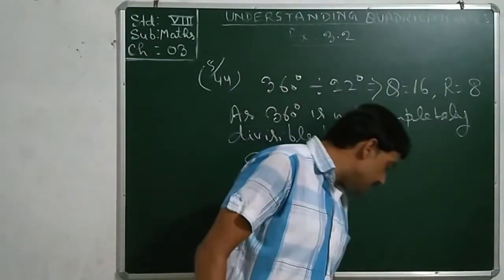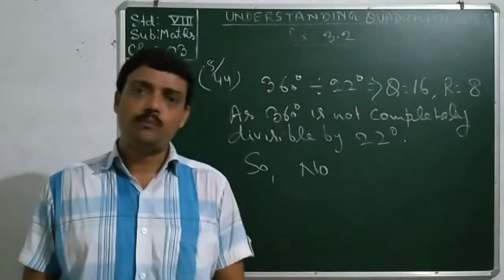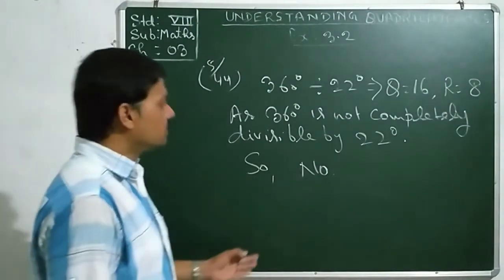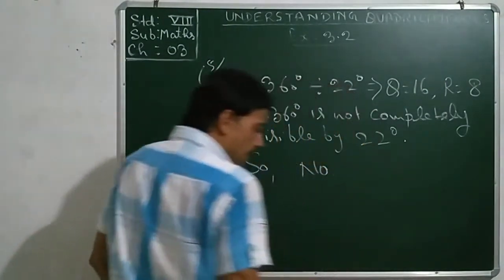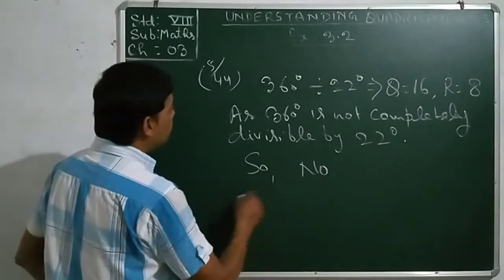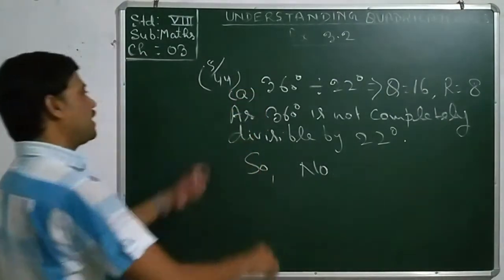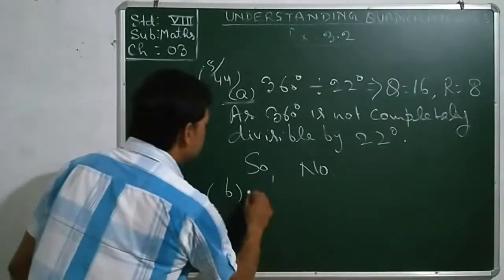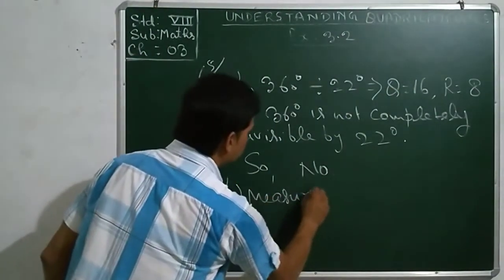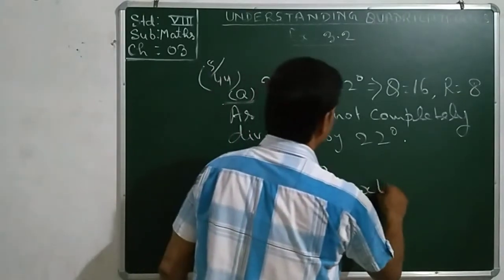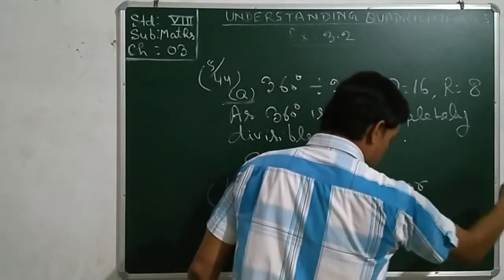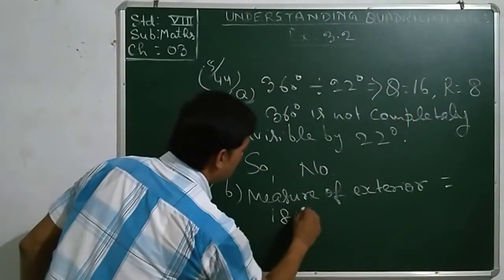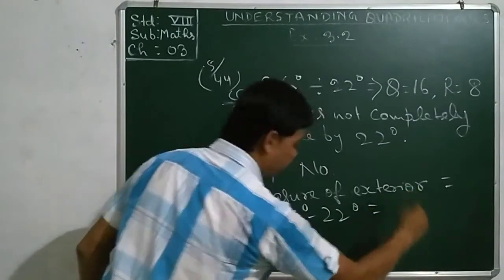Come to the next one. Can it be an interior angle of a regular polygon? To be an interior angle, let us check. This was the A number, and for the B number, the measure of exterior would be 180 degree minus 22 degree.